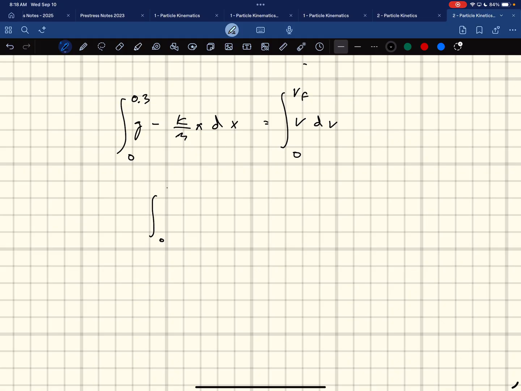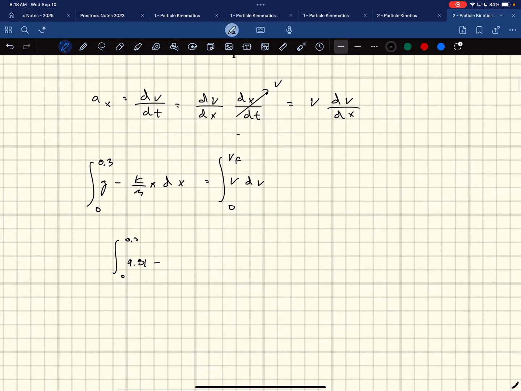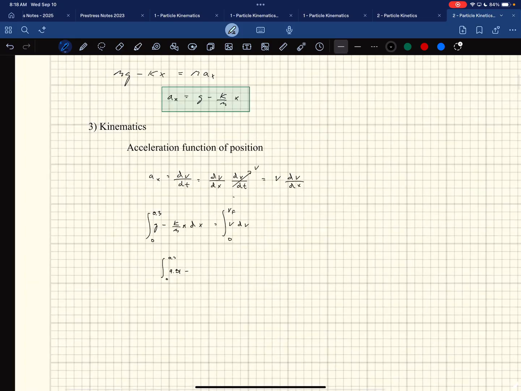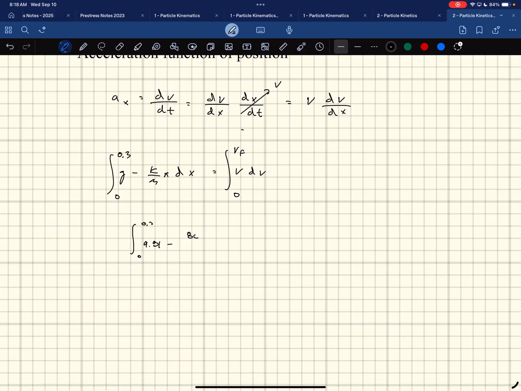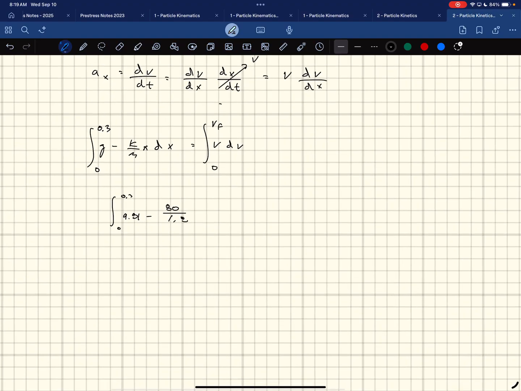Integral from 0 to 0.3 of 9.81 minus my k, which is 80, over my mass, which is 1.8, times x dx is equal to v dv, going from 0 to vf. All right, so at this point right here, this is what I have to solve.